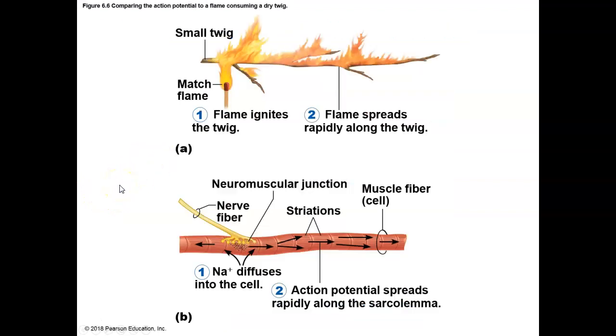So when you think about the action potential or the muscle contraction and how the action potential spreads, think about a match lighting, starting fire to like a twig. So it starts at one spot, but it's going to very rapidly move along that twig until it covers the entire twig. And that's kind of how a nerve innervating the muscle in one spot sends signals along that entire muscle.